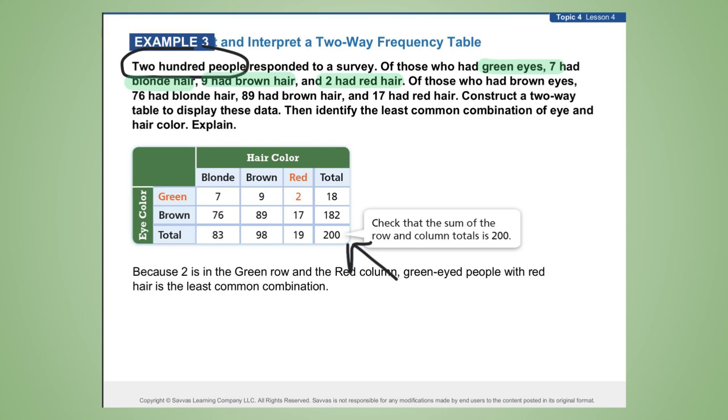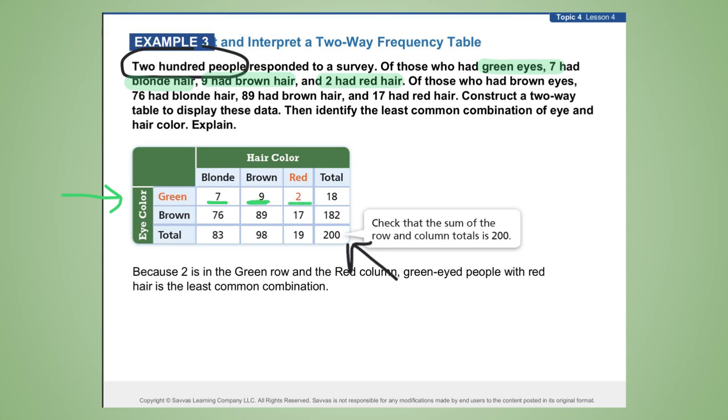So let's see how they filled that in. So we have green eyes, 7 blonde, 9 brown, 2 red.